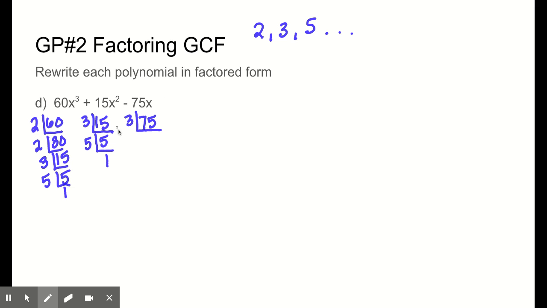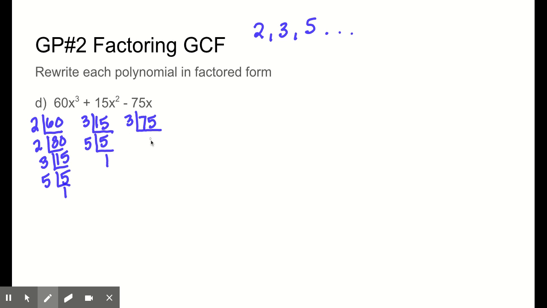So go ahead and test me. 15: 5 plus 1 is 6. 6 is divisible by 3, therefore 15 is divisible by 3. The number 60: 6 plus 0 is 6. 6 is divisible by 3, therefore 60 is divisible by 3. Okay, and that will work for any number to check to see if it's divisible by 3.